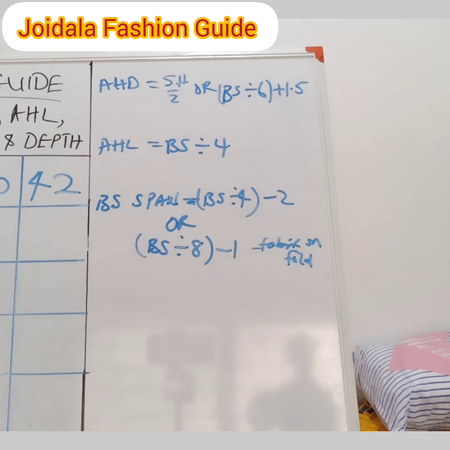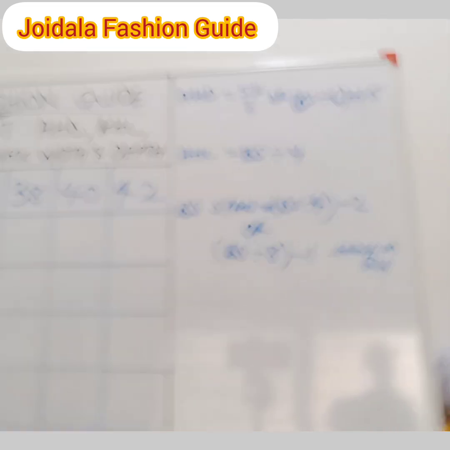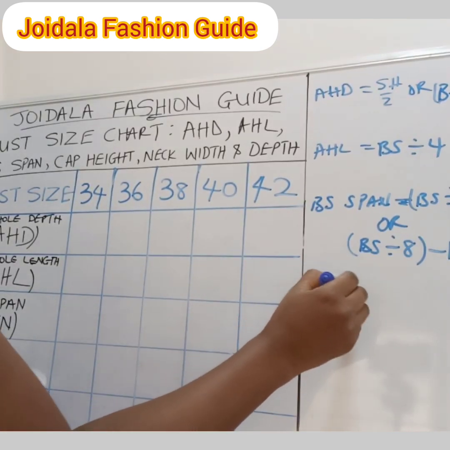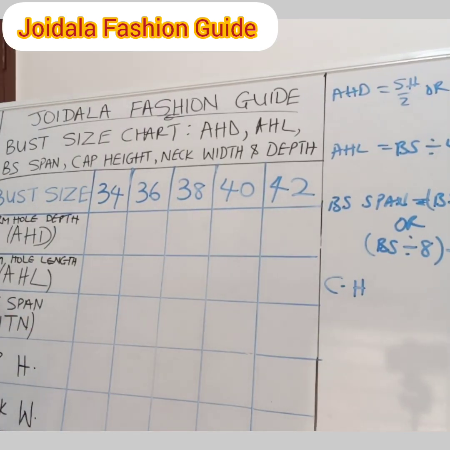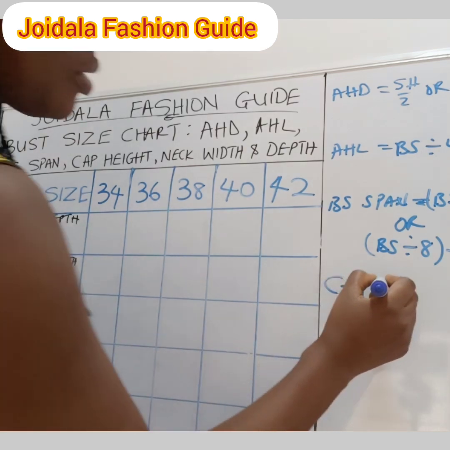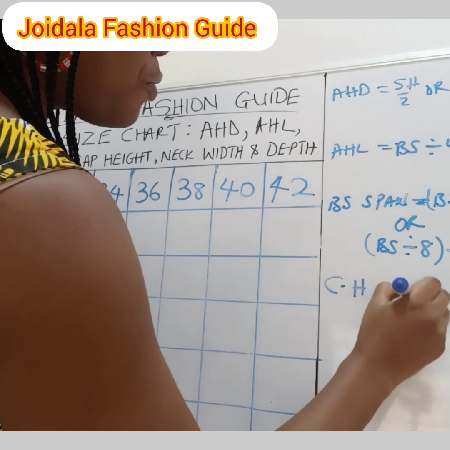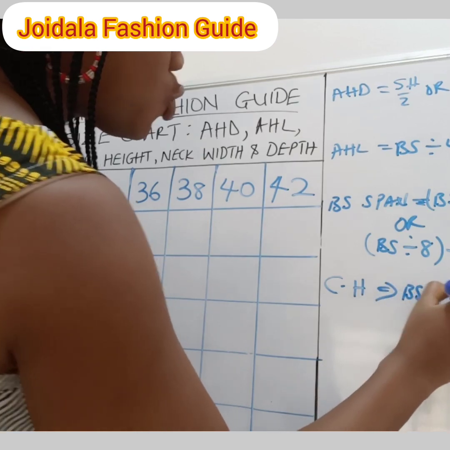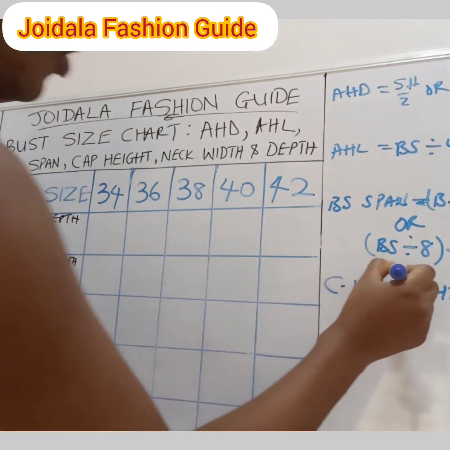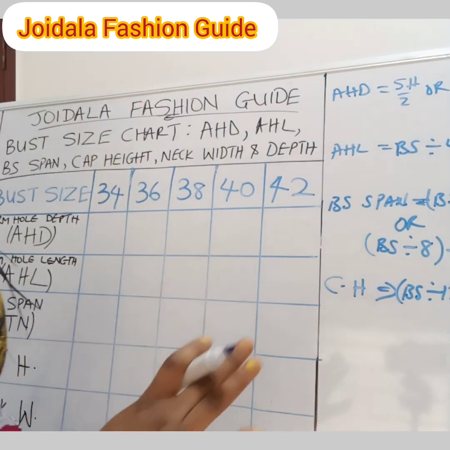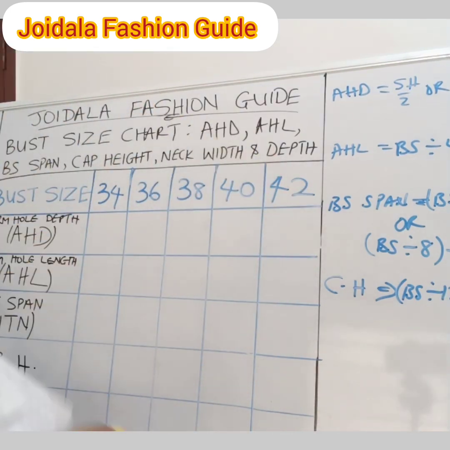And then the next one is cap height, CH. To calculate the cap height, there are two ways you can do it. You either use the bust circumference divided by 12, plus 1.